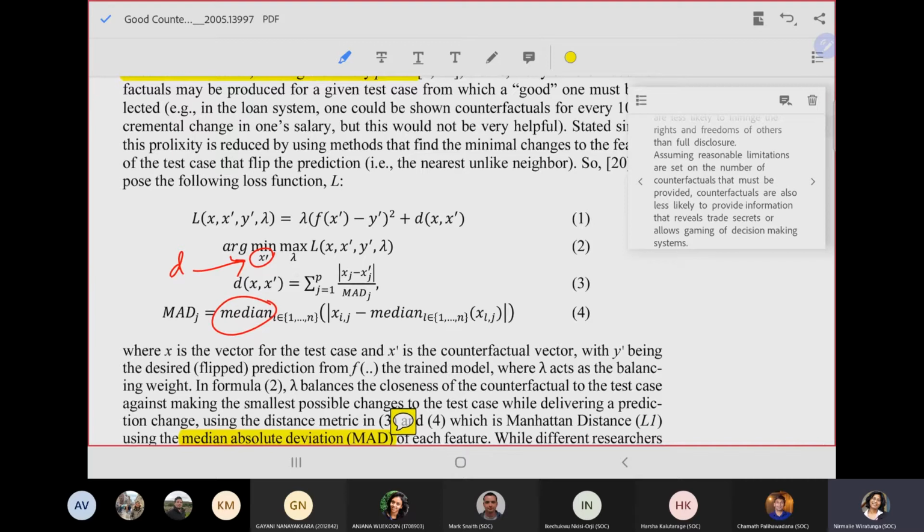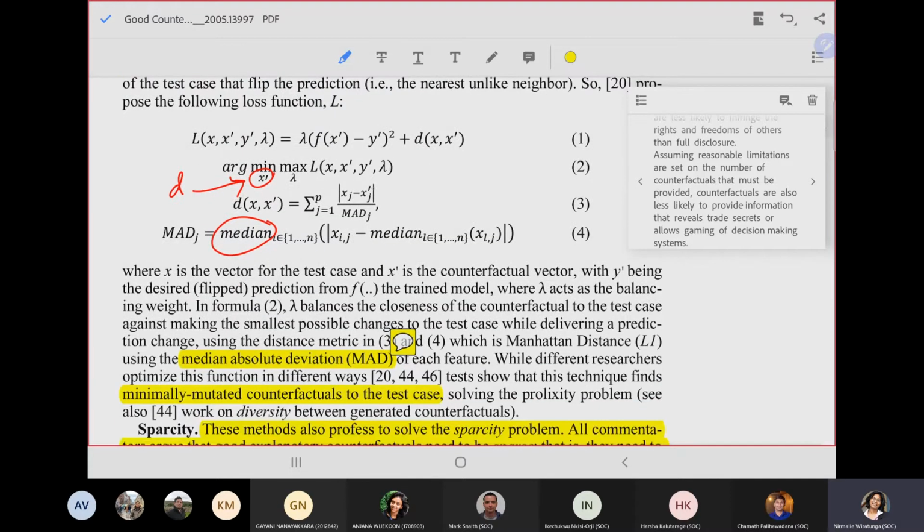And what they're saying is they want to maximize lambda and presumably minimize the distance between the case and its counterfactual. And for the distance, they basically use a standard Manhattan distance, and they suggest normalizing it using the median value here, and then they explain why these things are suitable.